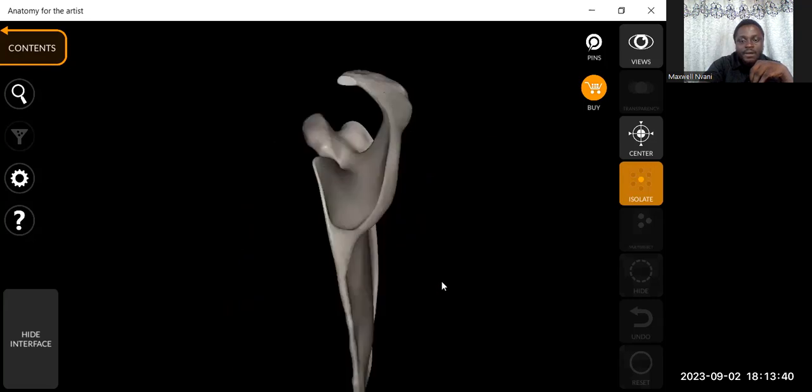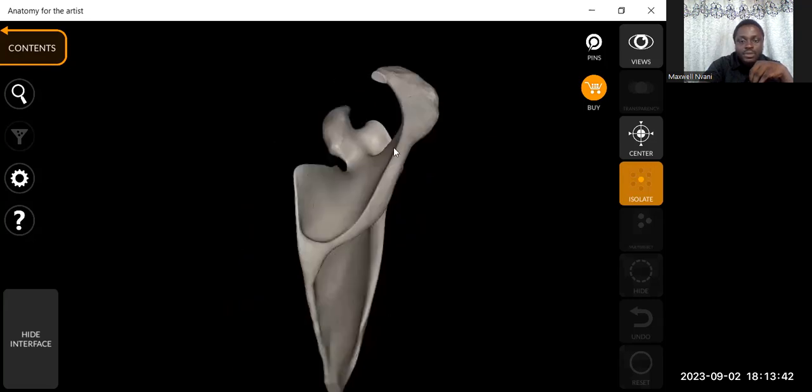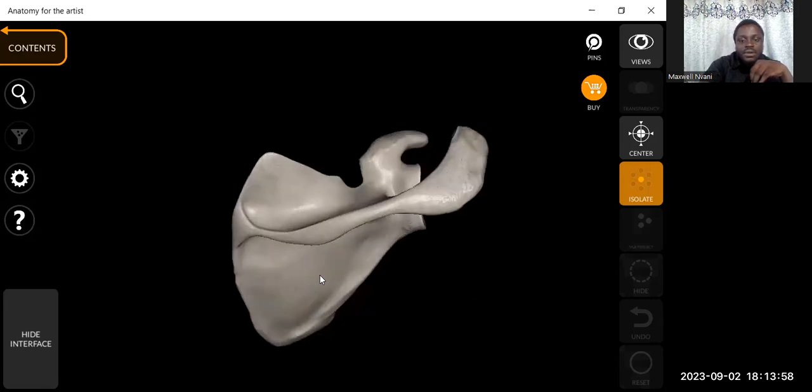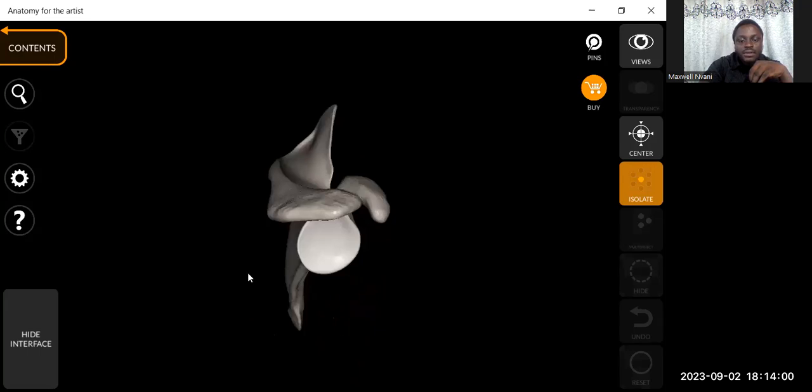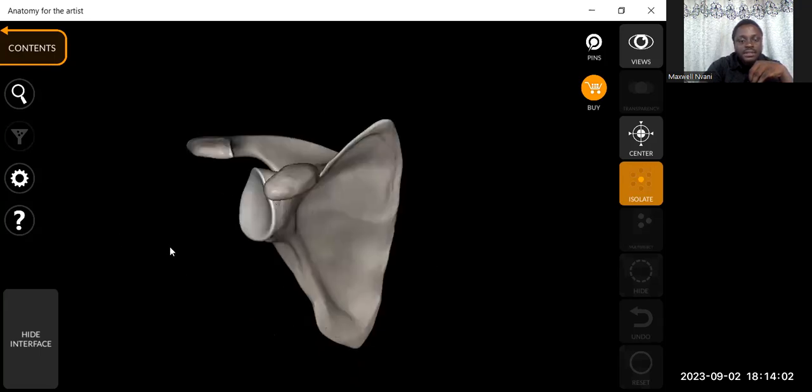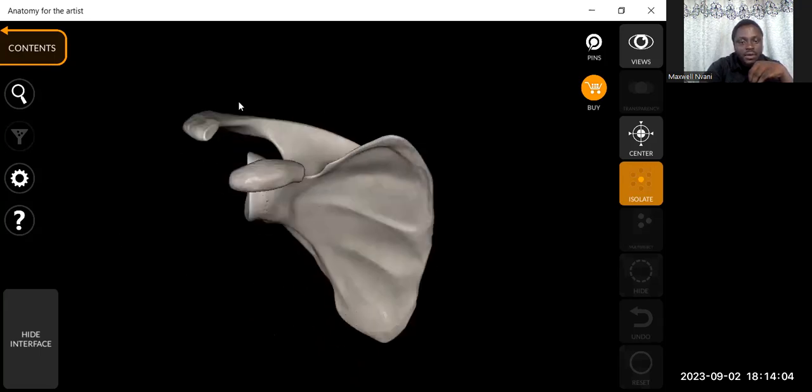The upper lip is continuous with the medial border of the acromion, while the lower lip is continuous with the lateral border of the acromion. The acromion on its own, you can see the way it's oriented, curves.